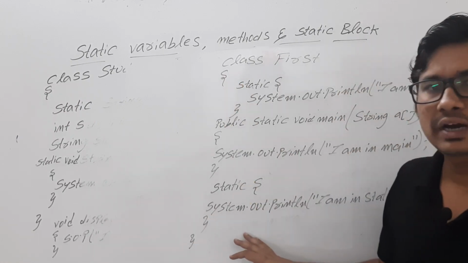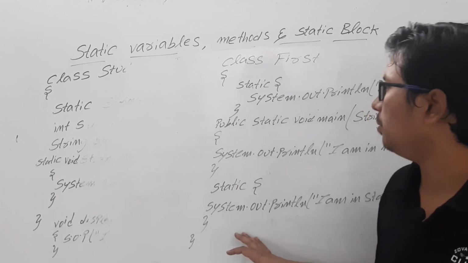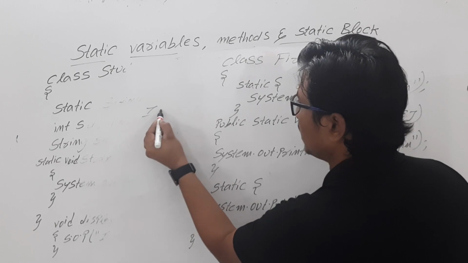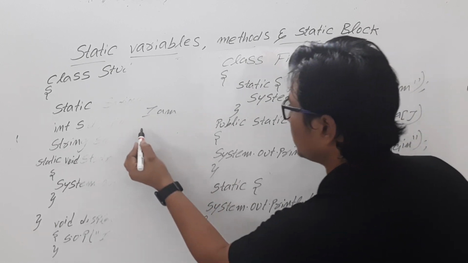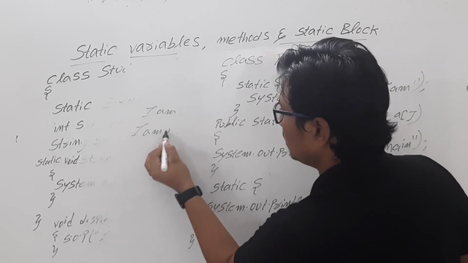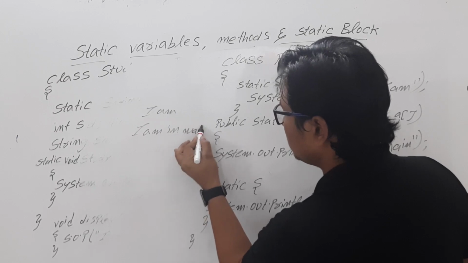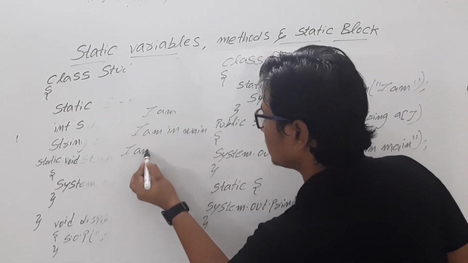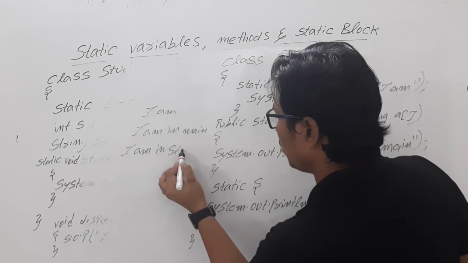If you compile and execute this program, what will be the output? First, you will get the output as I am. Then you will get I am in main, and then you will get I am in static block.